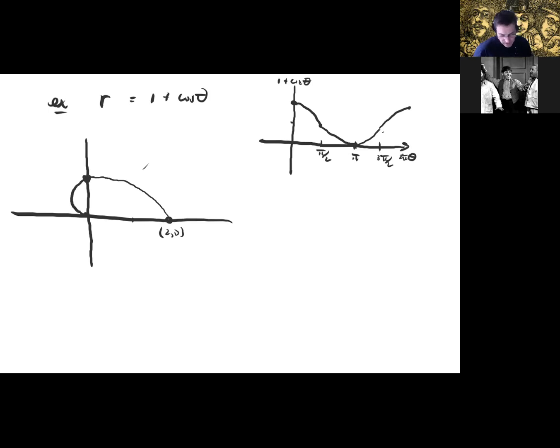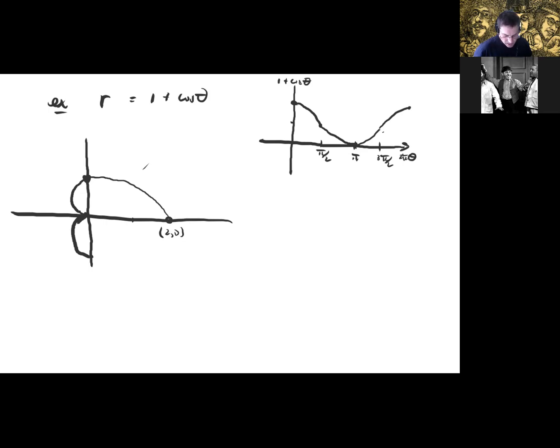So this is halfway across. We've handled theta going from 0 to pi. Now, what happens from pi to 2 pi? Well, from pi to 3 pi over 2, that's the third quadrant, r is increasing from 0 to 1. So I'm indicating that here r is increasing from 0 to 1.